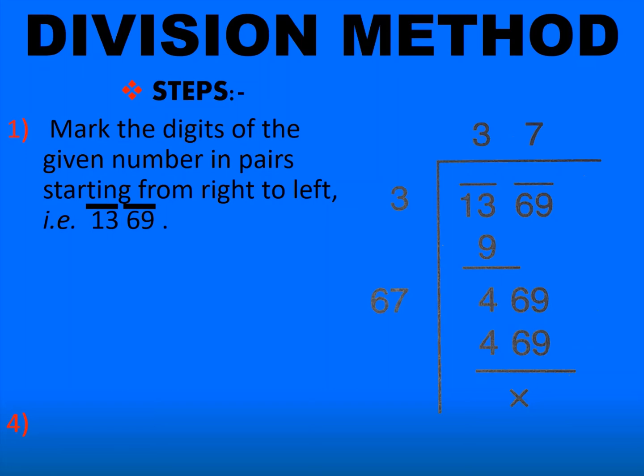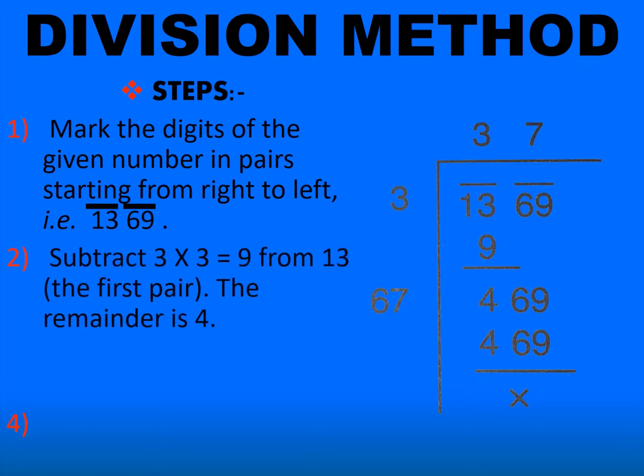Take the first pair, that is 13, and find the largest whole number whose square is either equal to or less than 13. Such a whole number is 3. Write 3 in the quotient and also in the divisor. Subtract 3 multiplied 3 gives 9 from 13, the first pair. The remainder is 4.